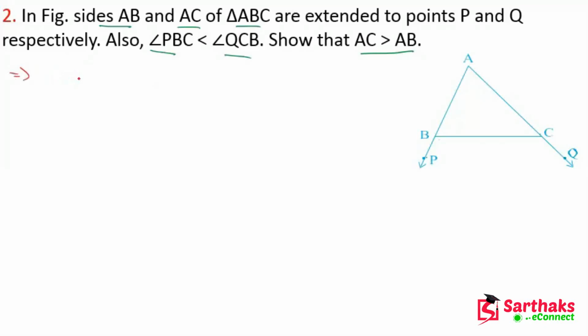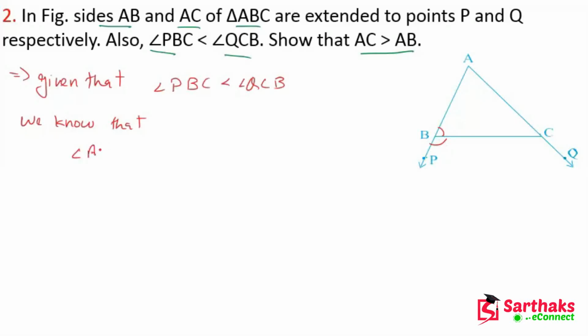So it is given that angle PBC is less than angle QCB. And we know that angle ABC, this angle, plus this angle PBC is 180 degrees because of linear pair.